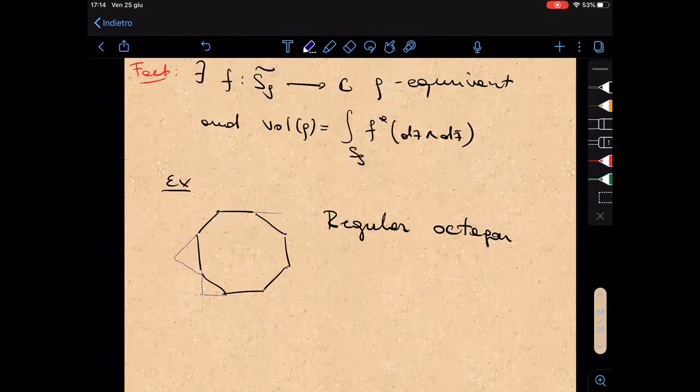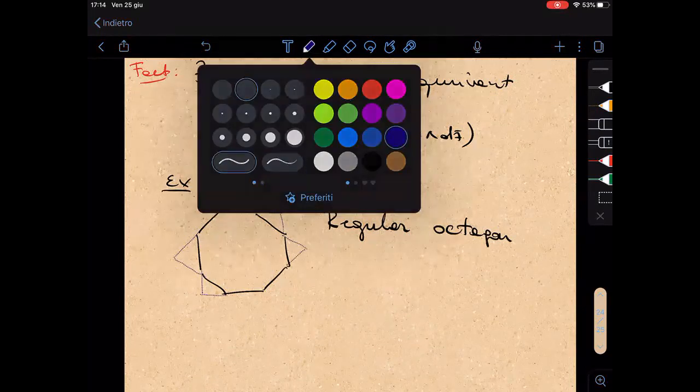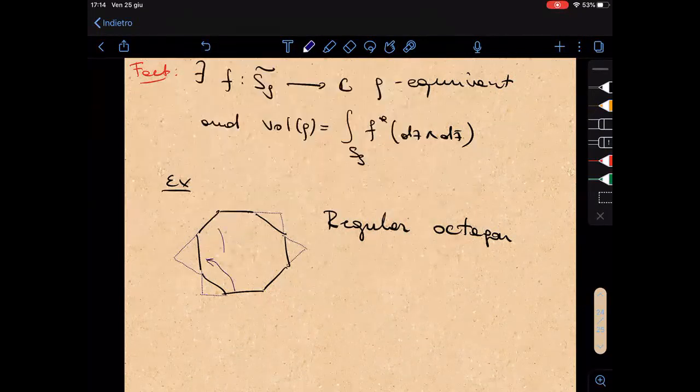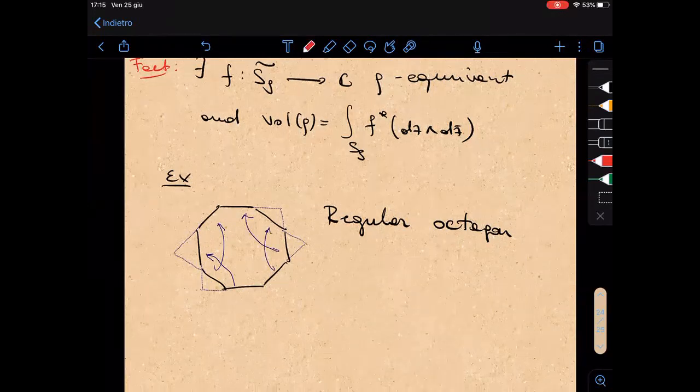And here, if you identify these sides, then you are... no. Okay, well, so I glue sides by using rotations.